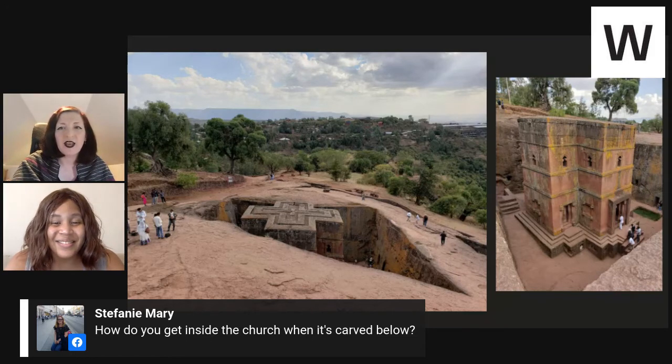There are actually some steps, and if you look at the side-on shot, there are steps carved right into the rock that go all the way down to the base of the church, and you can enter it just like you would any church, which you can see folks doing in that image on the right. That's wonderful. But sometimes it's walking on very uneven, sometimes very skinny surfaces, no railings. It's physical.